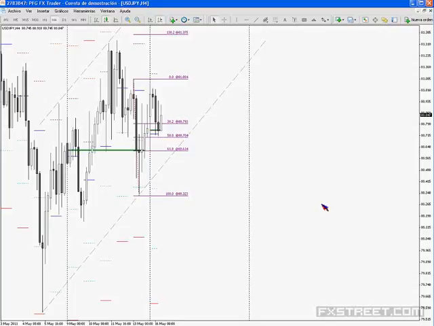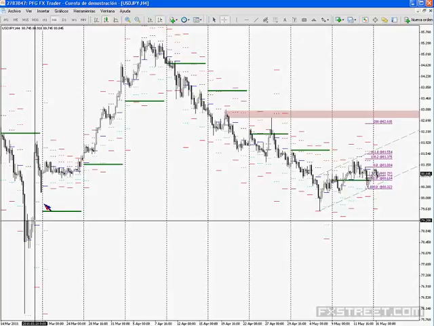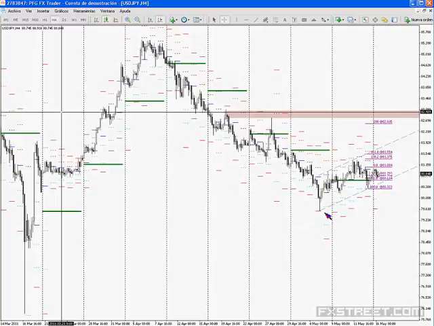By the way, we had these formations here occurring inside that large, what we could say, a large Marubozu candle here on the 18th, to the upside.